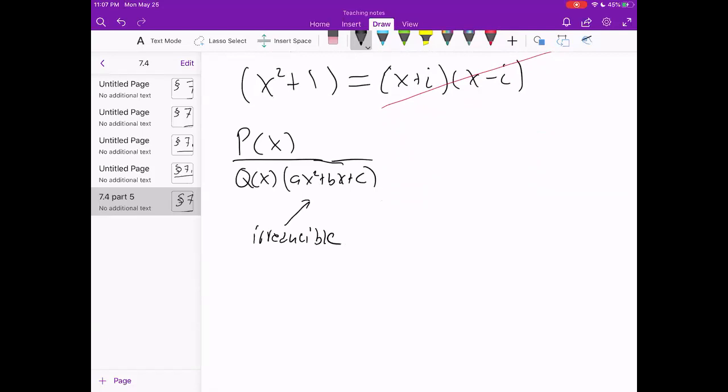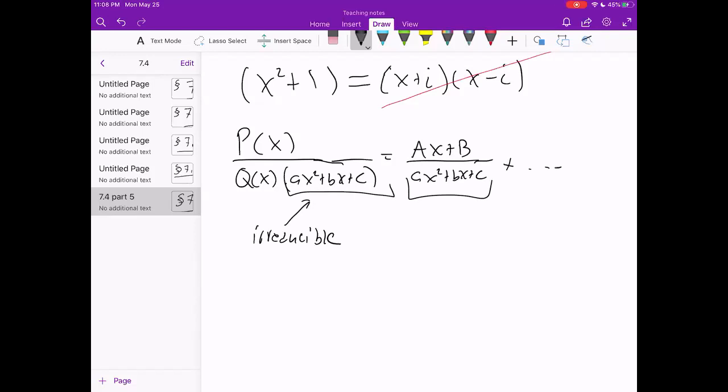So what this means is I'm going to get a factor that's going to look like this, ax plus b over ax squared plus bx plus c, while I'm doing my partial fractions decomposition. There might be other factors from whatever's in this q of x. But this ax squared plus bx plus c contributes the first factor here, the ax plus b over ax squared plus bx plus c.